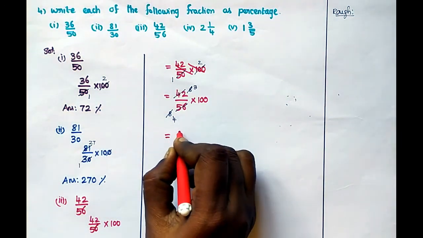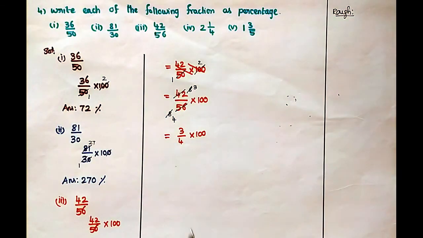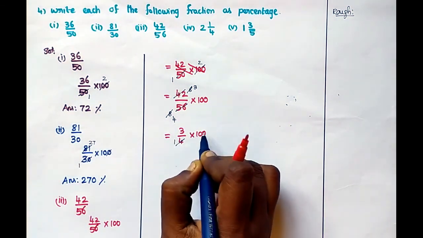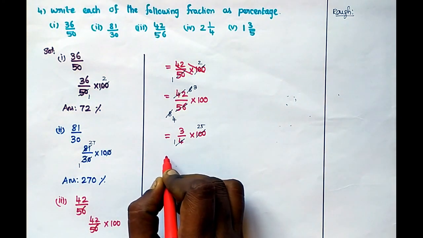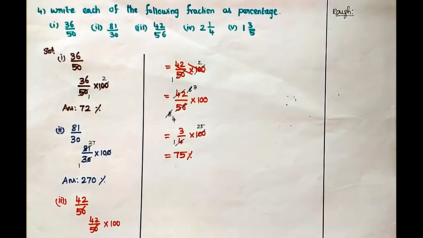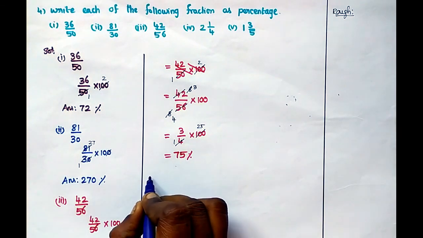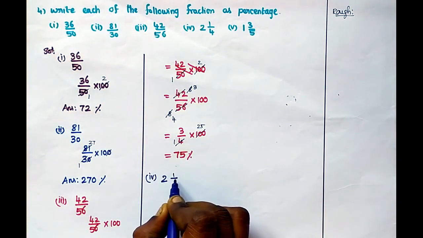Write down the number. 3 by 4 into 100. 4 1s are 4, 25 4s are 100. So 3 25s are 75 percentage. That is the answer. Next one, fourth subdivision, 2 1 by 4.